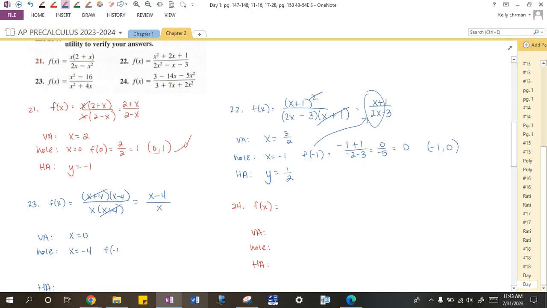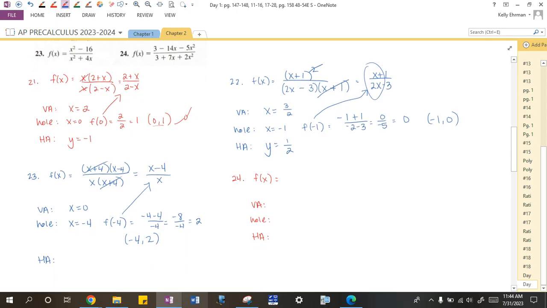And then find f of -4 by plugging into the simplified version. Should do that little arrow for each of these. So -4 minus 4 over -4. That's -8 over -4, which is 2. So there's a hole at (-4, 2). And for the horizontal asymptote, this is again a tie. It's 1x over 1x. So y equals 1.